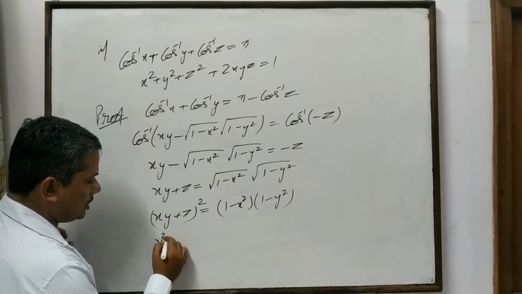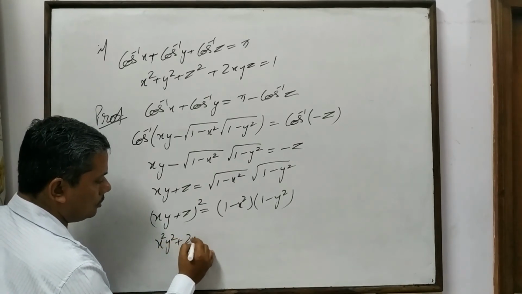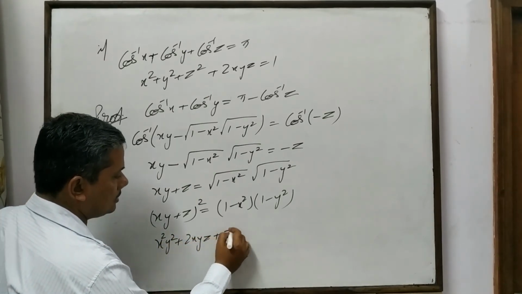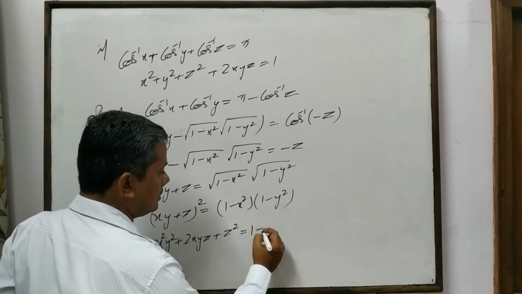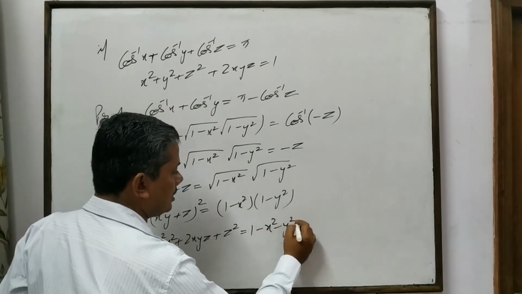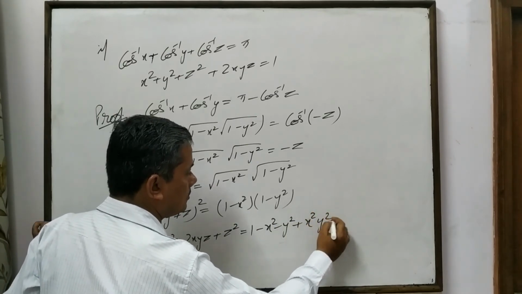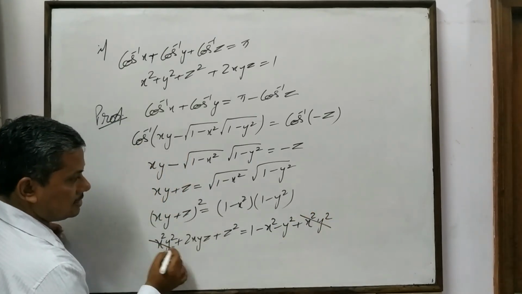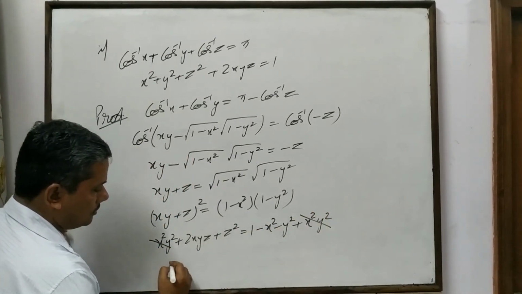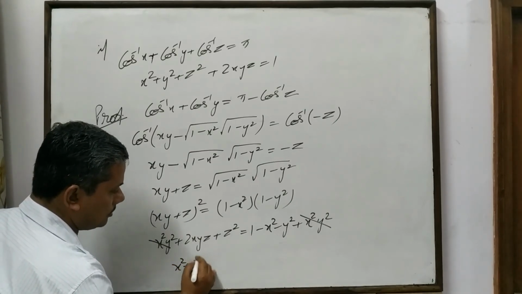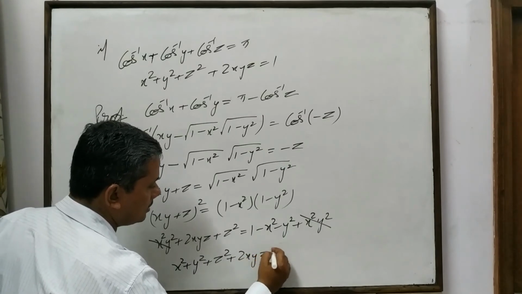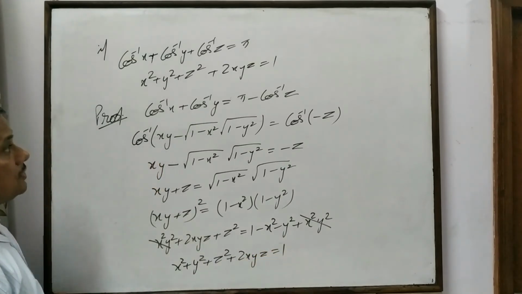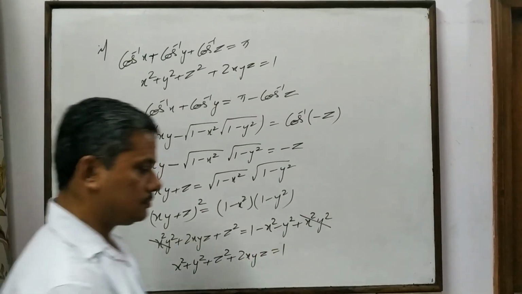You have x square y square plus 2xyz plus z square is equal to 1 minus x square minus y square plus x square y square. Now this x square y square cancels, and take these two terms on the left hand side: x square plus y square plus z square plus 2xyz is equal to 1, which is the required answer.